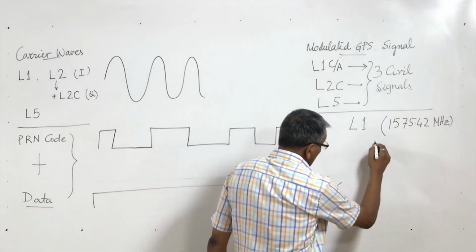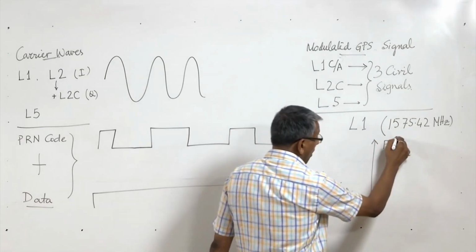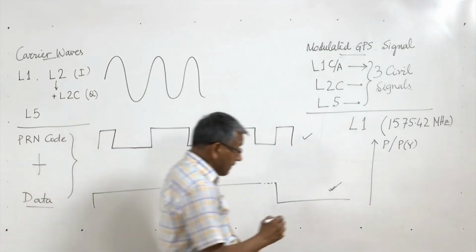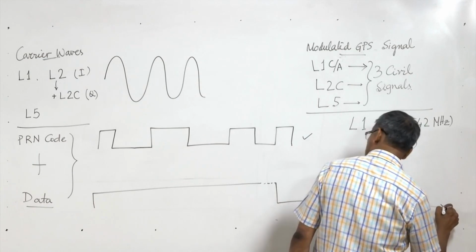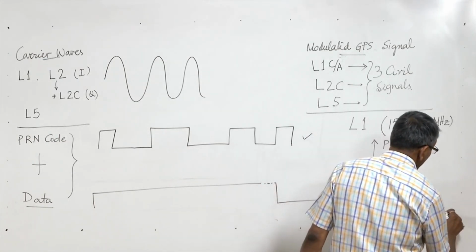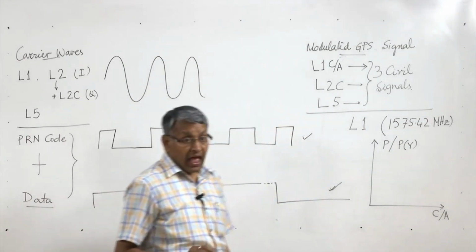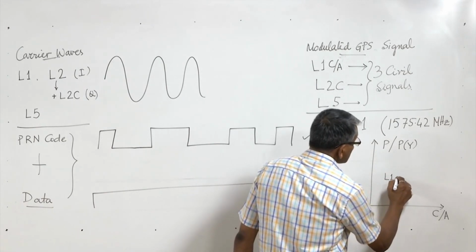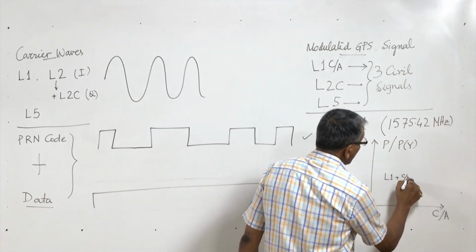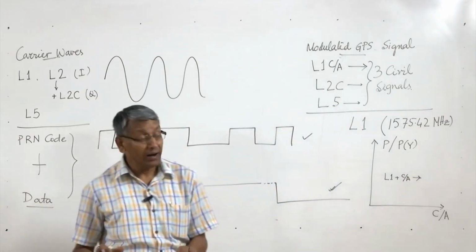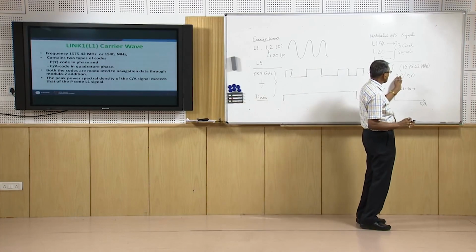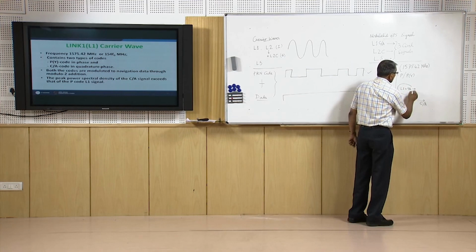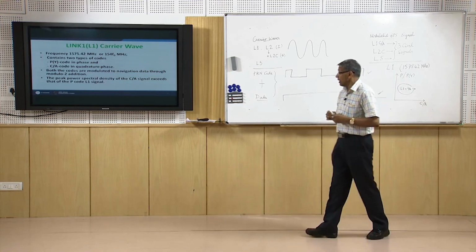In phase it is the P code, or for civilian it is the PY code, and in quadrature phase it is the CA code. And the L1 with CA code has more power than the L1 with P or PY code. So this civilian signal is more powerful.